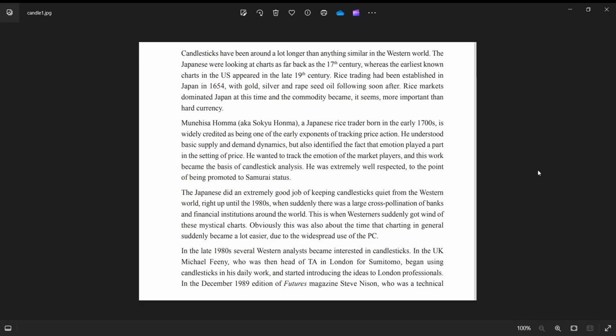So he was able to understand the emotional parts of demand, of buyers, of people, of players, no matter how you call it. This began to happen, and he was able to draw out some historical charts. His target was on the price, the price actions. And this is how the journey of the candlesticks began.